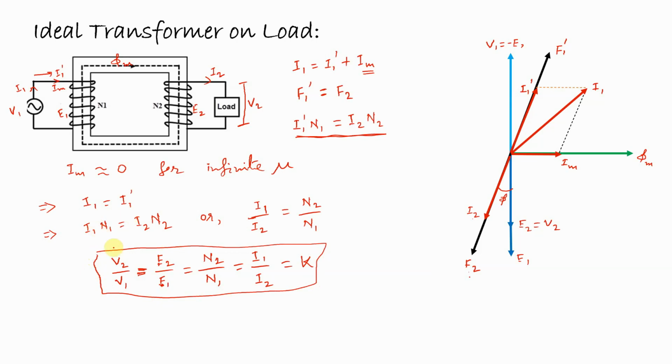Now from this relation, if we consider this part, that means V2 by V1 is equal to I1 by I2, or we can write V1 I1 is equal to V2 I2.